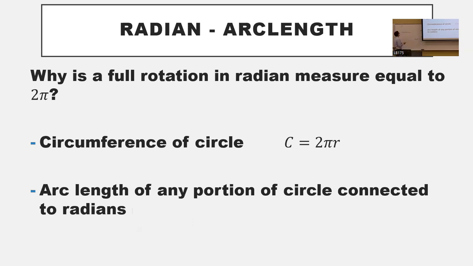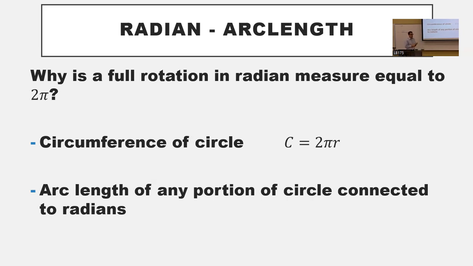Now, degrees I'm sure that you've dealt with before, radians you've probably dealt with as well. But I just want to point out something about radians and the fact that a full circle is 2 pi radians.